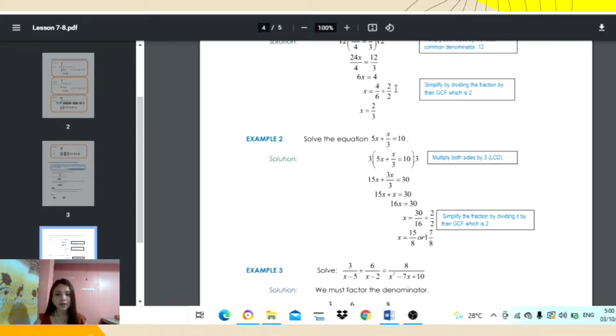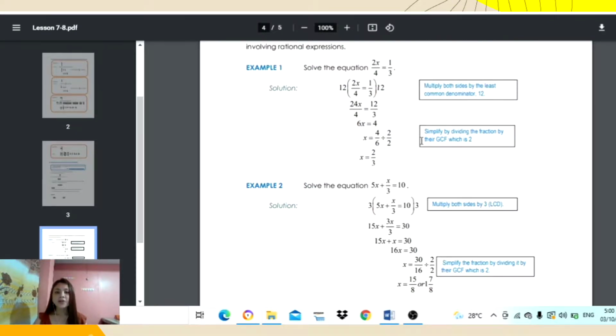So 4 divided by 2, that's 2. And 6 divided by 2, that's 3. So meaning the equivalent of x in this equation is 2/3.